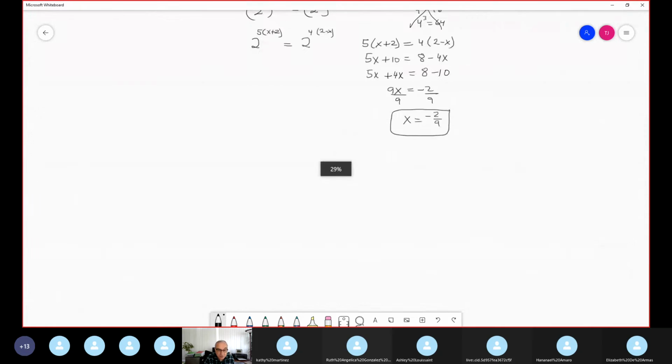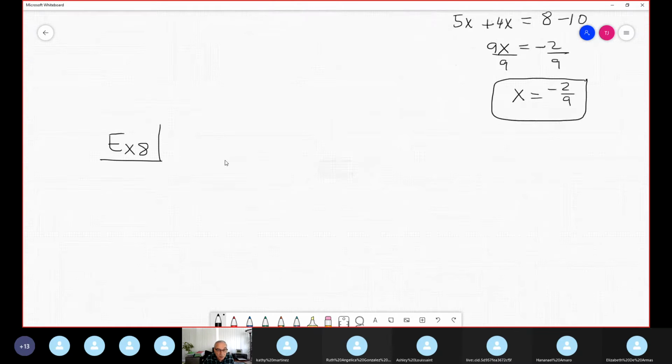Okay, number 8. Example 8. Well, example 8 is, wow, the cubic root of 5 raised to the minus x. Wow, negative exponent, cubic root, complicated, confusing.